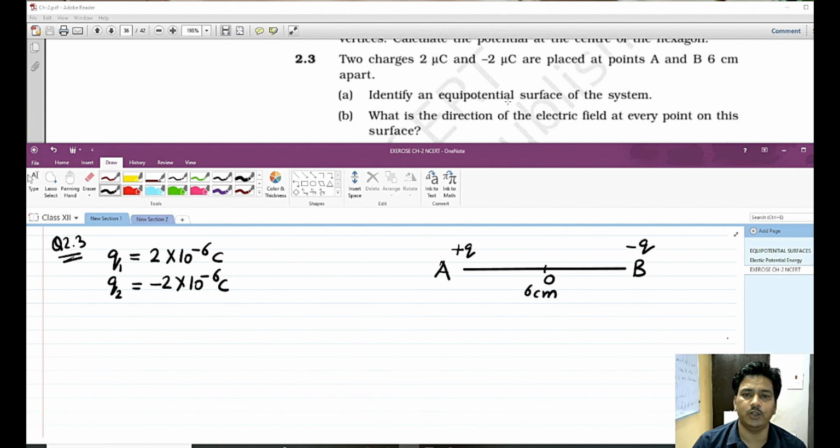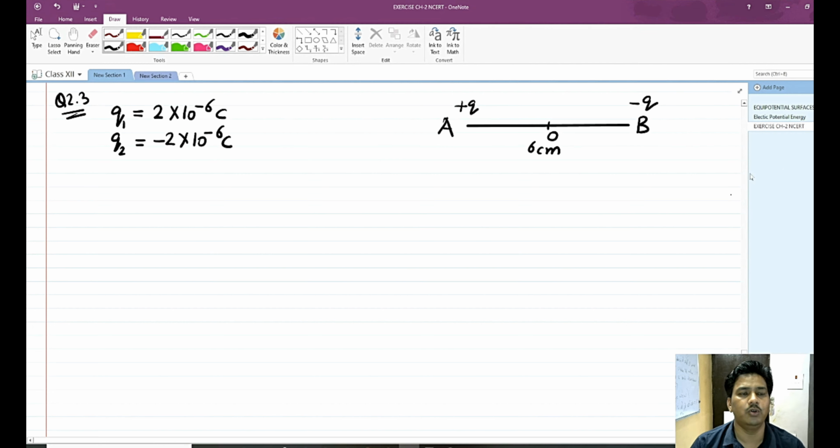Now the first part of the question is to identify an equipotential surface of the system. We have to identify the equipotential surface of the system.